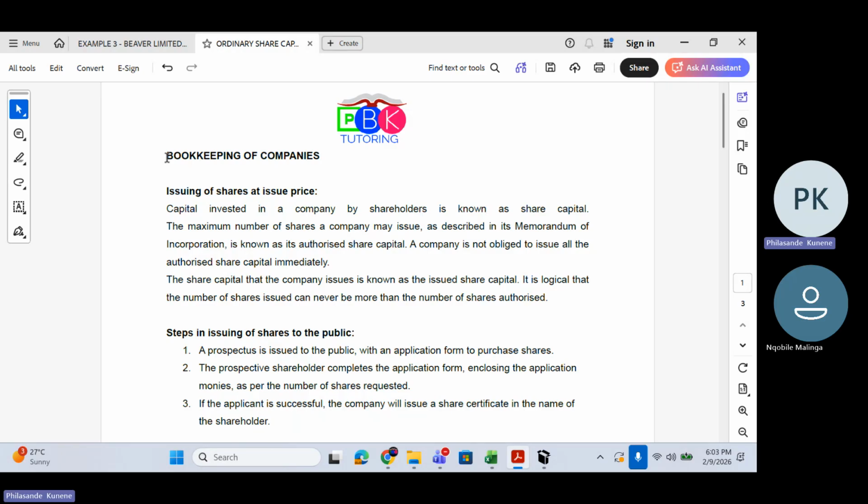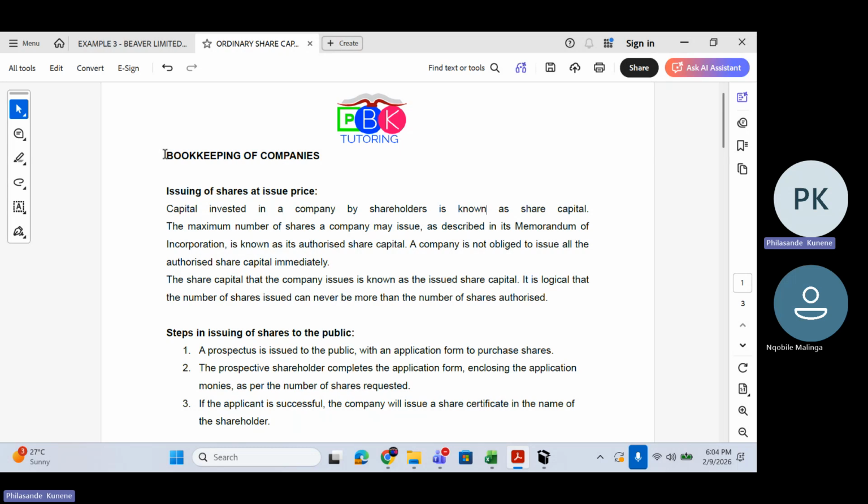Every business, when you start a business, needs capital, right? And because the company is not owned by just one person, it belongs to a couple of people, the shareholders, they have to buy shares for the company to be started. By buying those shares, they raise capital for the business to start operating.